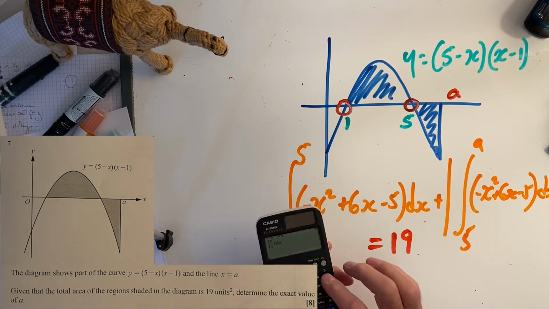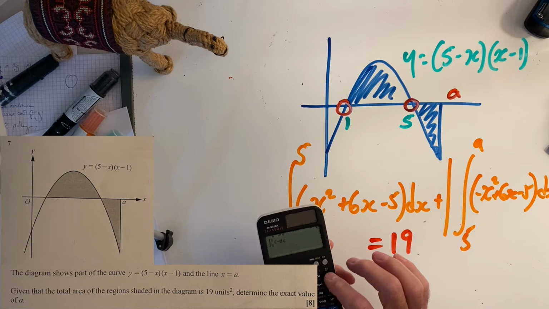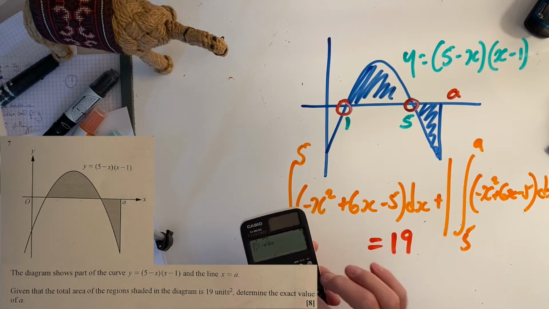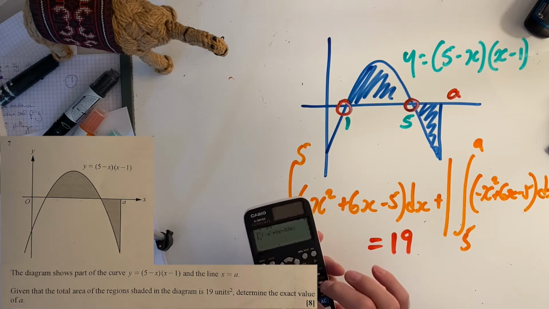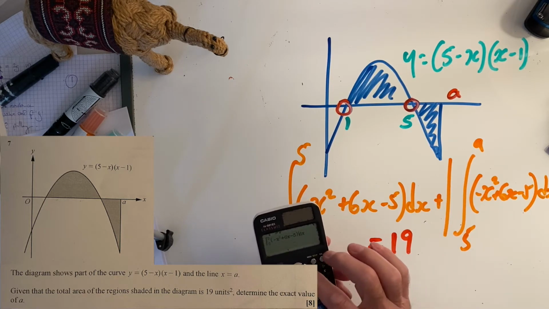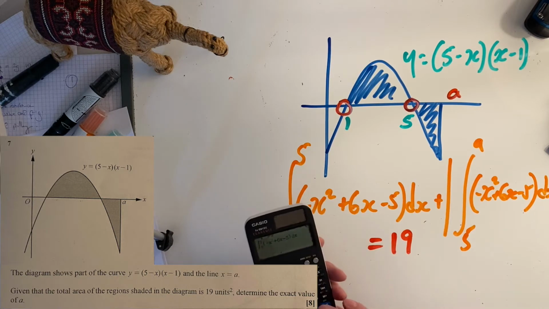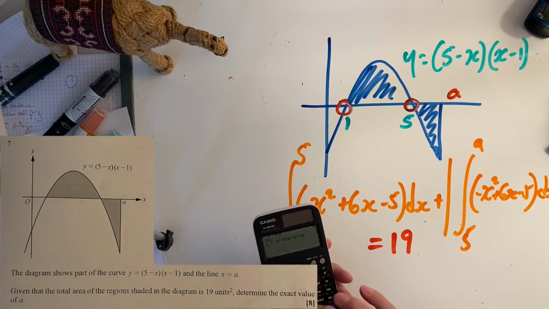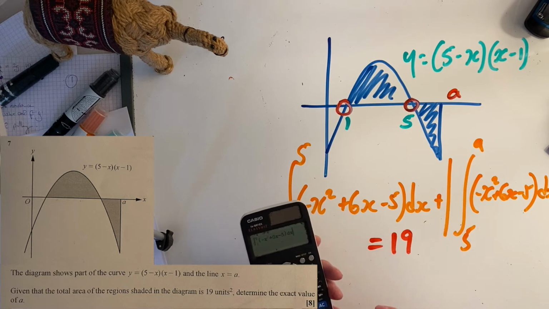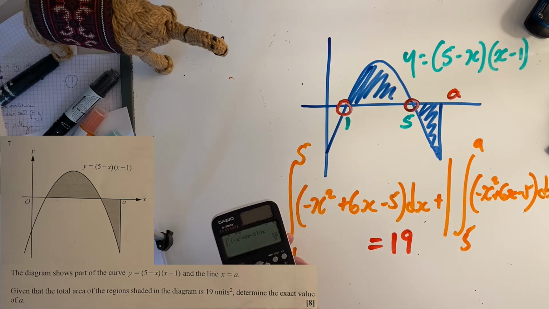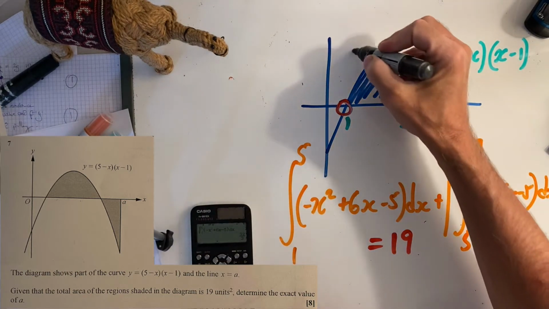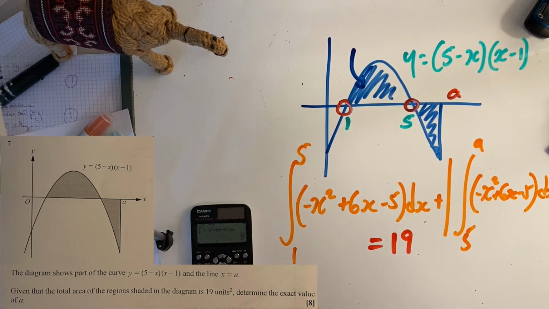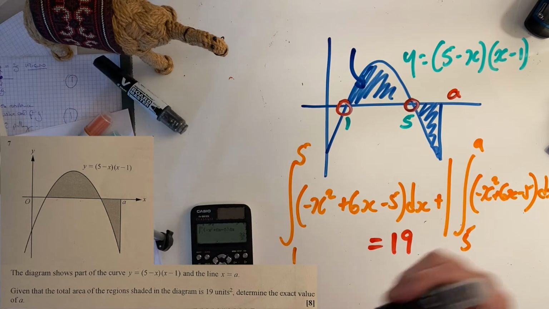I've got to remember where my x value is, so it's negative x squared plus 6x take away 5, close bracket, and the limits are 1 and 5. It's just incredible nowadays. 32 over 3. So I know that this area here is 32 over 3.